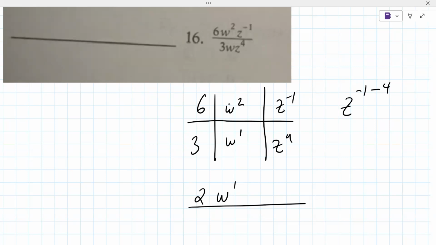What does that become? I want to say -5. Yeah. So now there's no negative exponents.